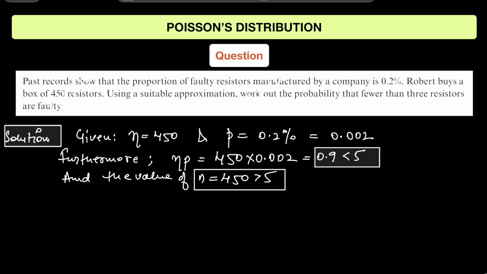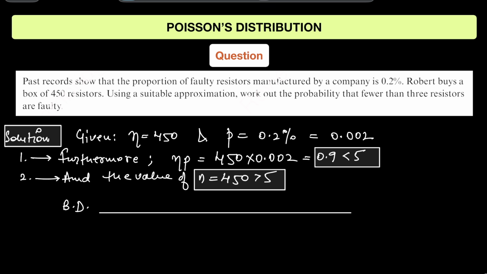So by looking at the scenarios, both condition 1 and condition 2 are satisfied for the given binomial distribution to be approximated by a Poisson distribution, and the mean is going to remain 0.9.